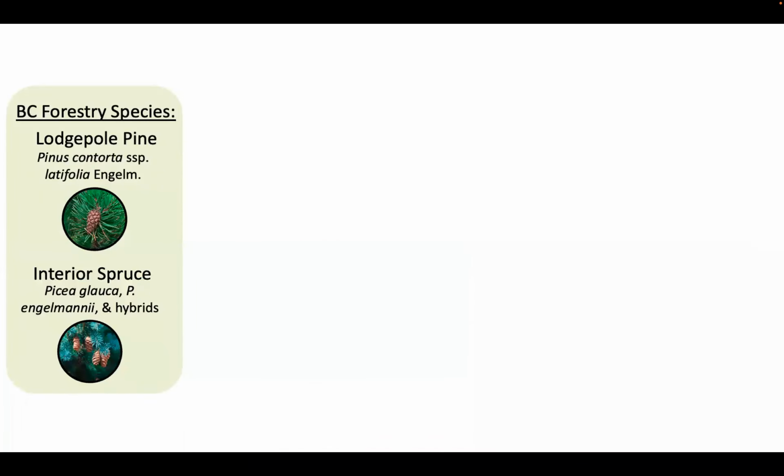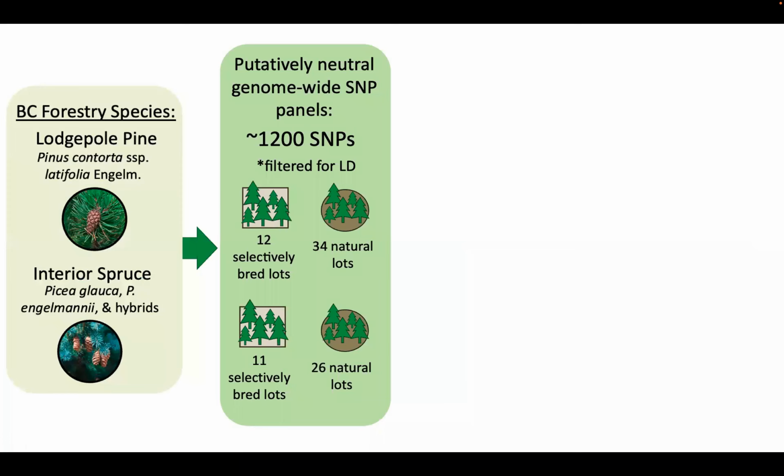And so we address these questions by looking at two BC forestry species, lodgepole pine and interior spruce. And I was lucky because there's already some great genomic data sitting there, which is your dream as a postdoc. And so we looked across panels of roughly 1,200 putatively neutral and genome-wide SNPs, comparing both selectively bred lots as well as natural lots, so seed that's taken out of these natural stands.